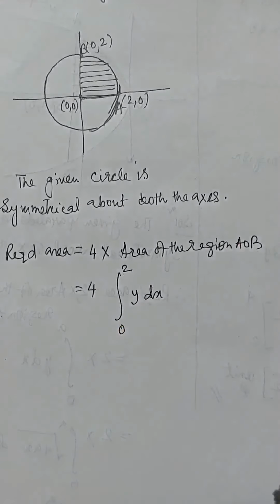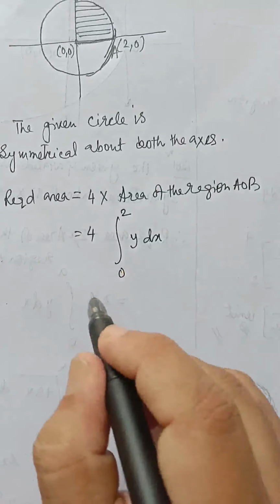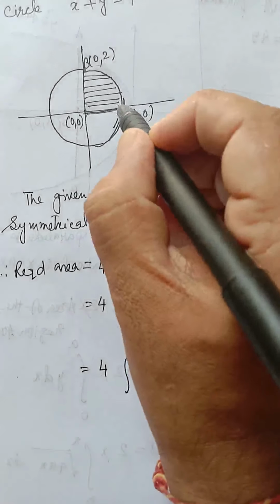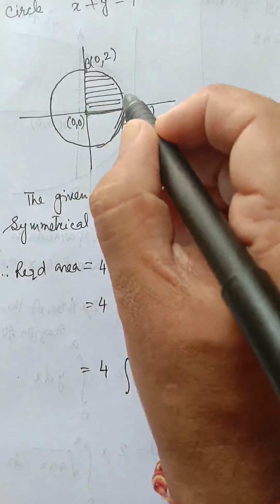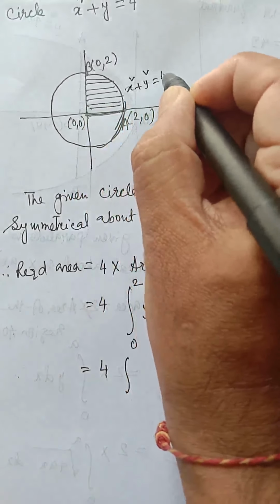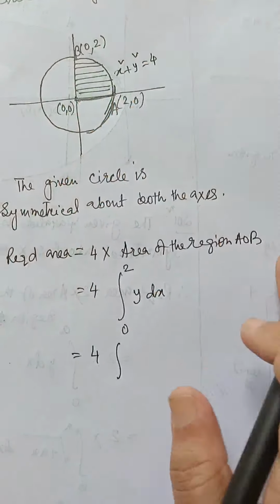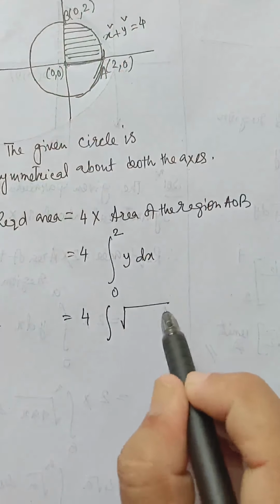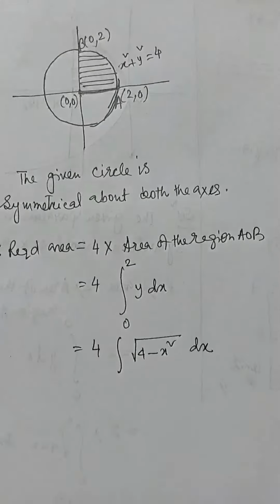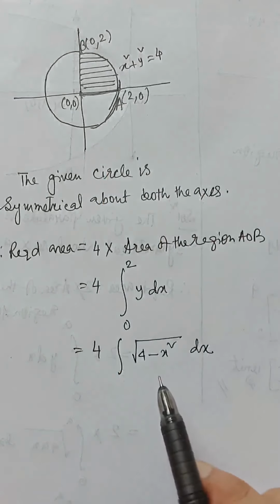And y we have to replace from the equation of the upper boundary, which is the circle x square plus y square equal to 4. So y will be root over 4 minus x square. As x square plus y square equal to 4, from this we get y equal to this.